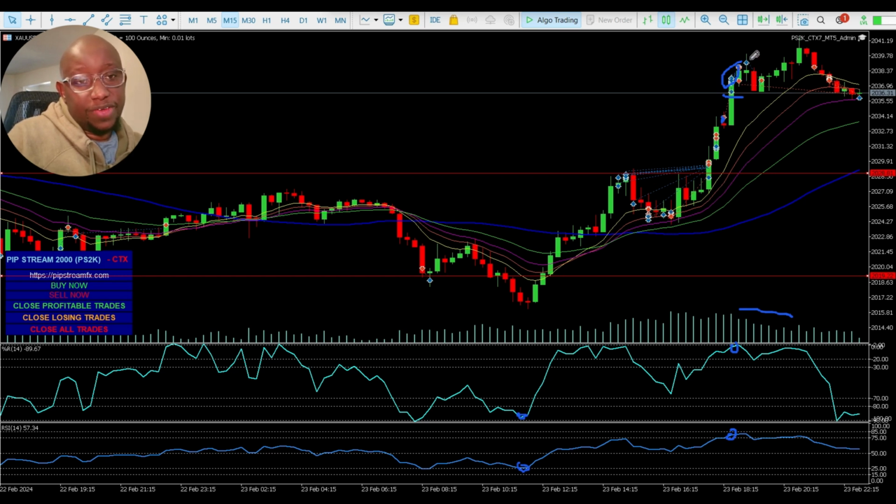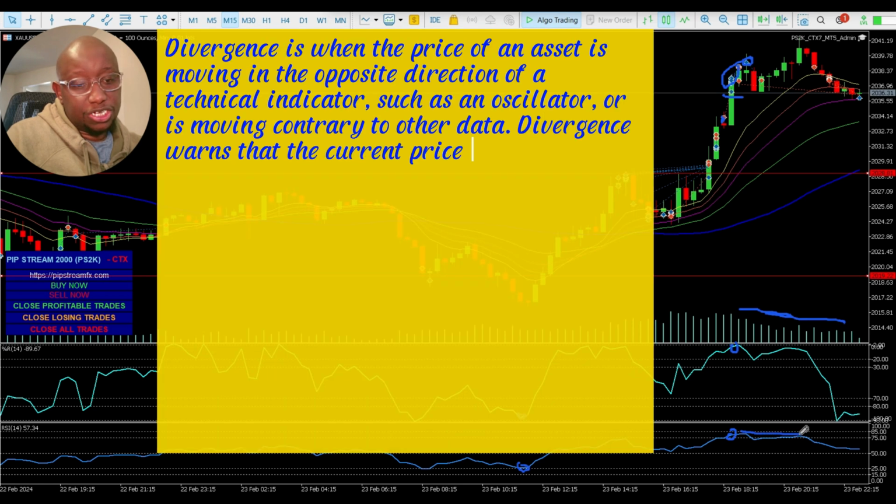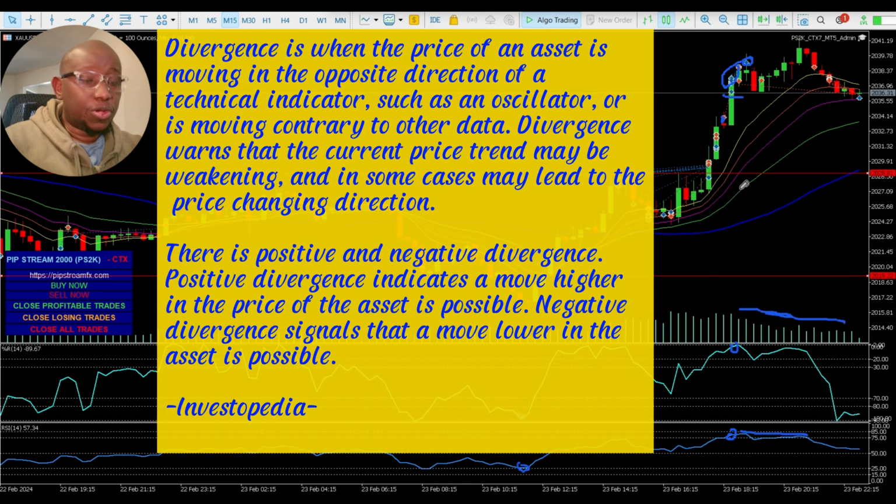Indeed, I did have a buy which came down and I closed it and I left the sell open. Price went up, but I knew this was a trap because I could see volume was still going down. And then you can see also the divergence on RSI. So when it came back down, I actually added another trade.